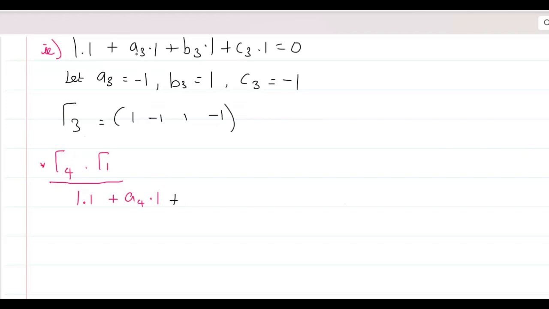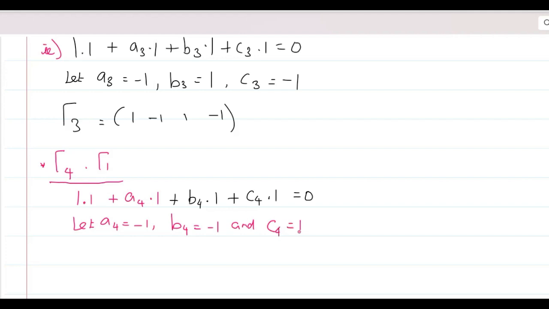Plus B4 into 1 plus C4 into 1 equals 0. So this is possible only when A4 is equal to minus 1, B4 is equal to minus 1, and C4 will be equivalent to what?